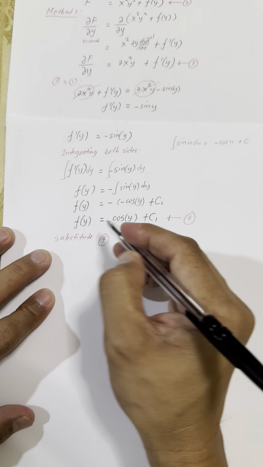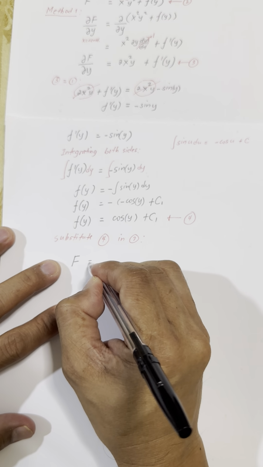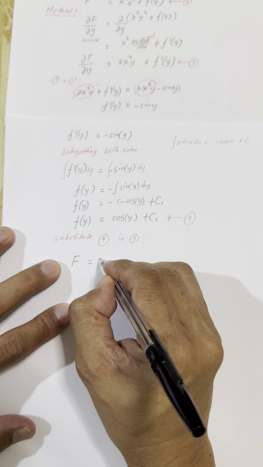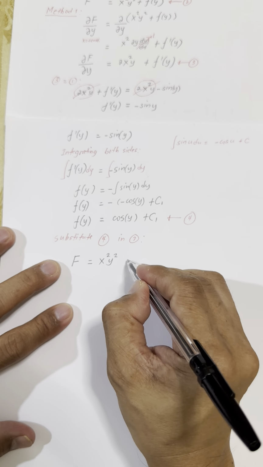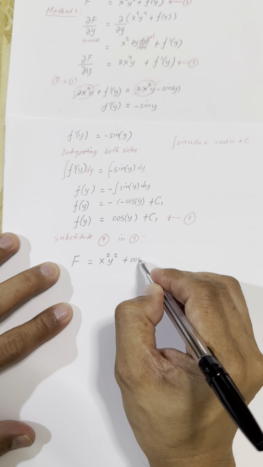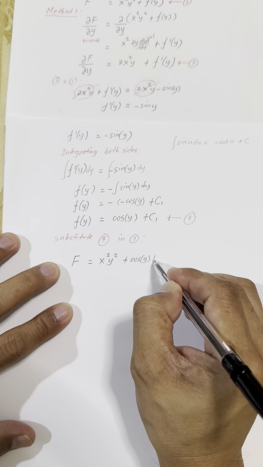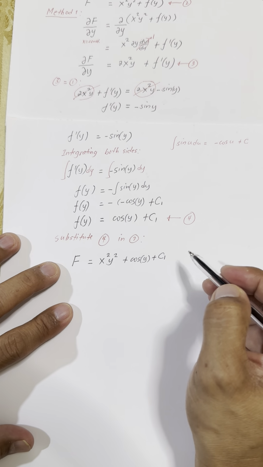So substituting it there, we have f equal to x squared times y squared plus our f of y is simply cosine y plus c1.